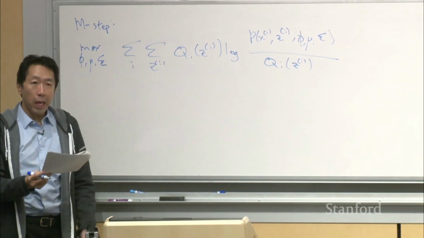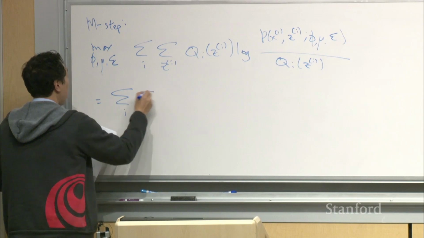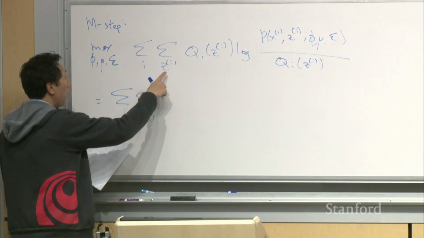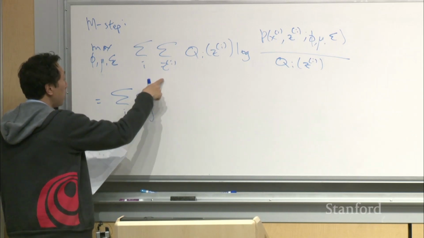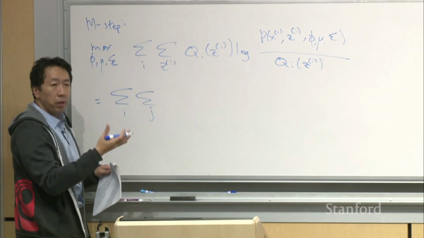And so the way you would actually derive this is you write this as a sum over i. So Zi takes on a certain discrete set of values. So turn Zi into j. So Zi can be, I guess, 1 or 2 if you have a mixture of two Gaussians.